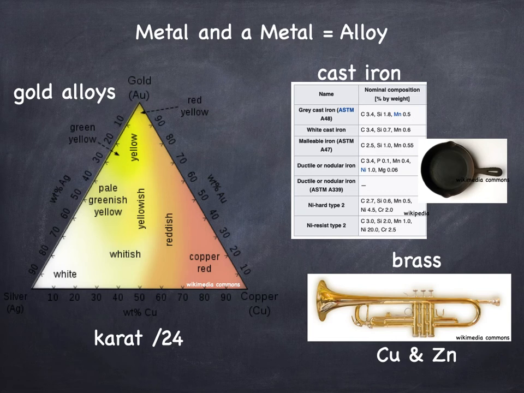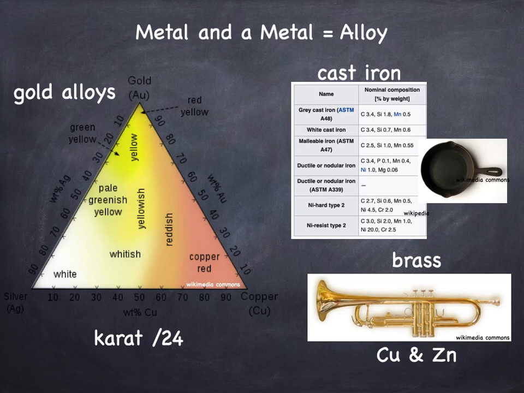So, of course, gold that is used in jewelry has a bunch of different versions. You have 14 karat gold and 18 karat gold and 24 karat gold, all of which are representing different mixtures. Carat weight for gold is parts out of 24. I'm sure there's a history there.